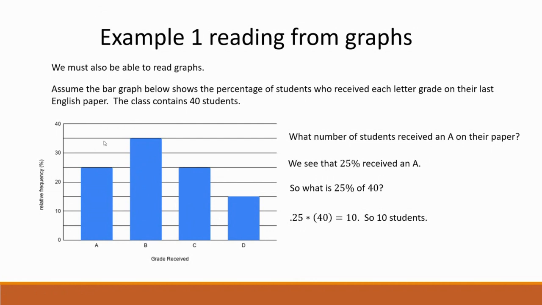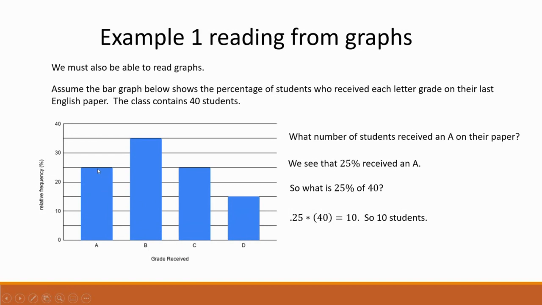So in this example, we have the percentage of students who received a letter grade on their last English paper. So these students got an A, these students got a B, and so on.